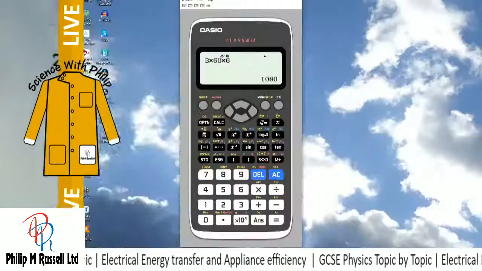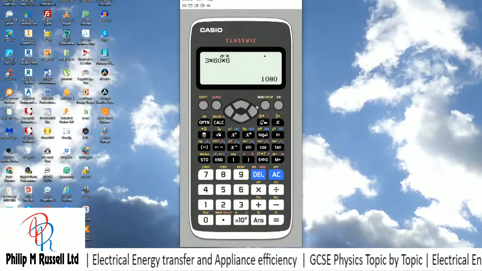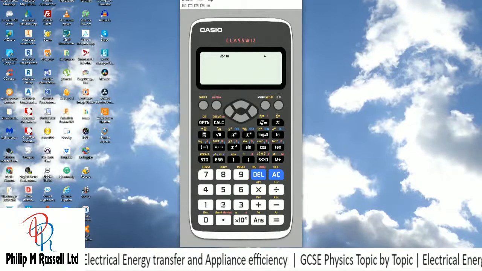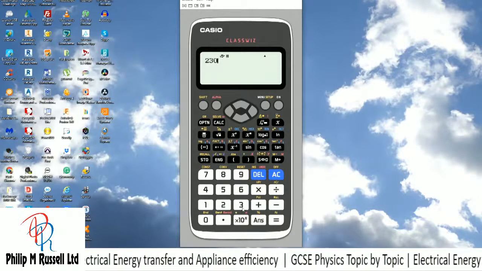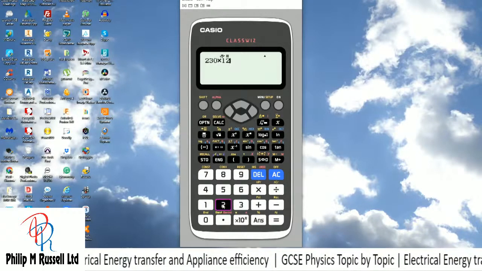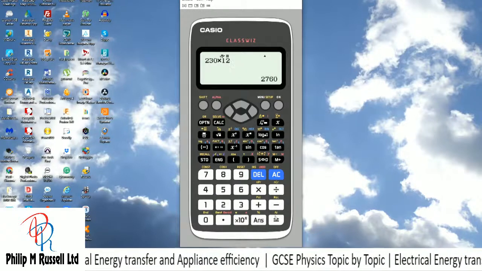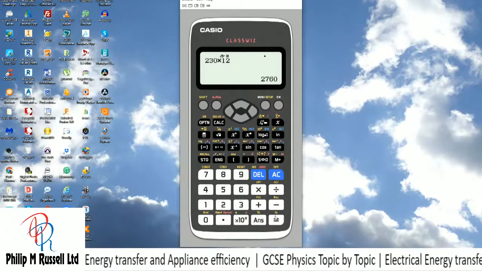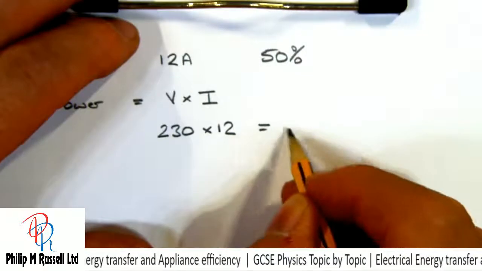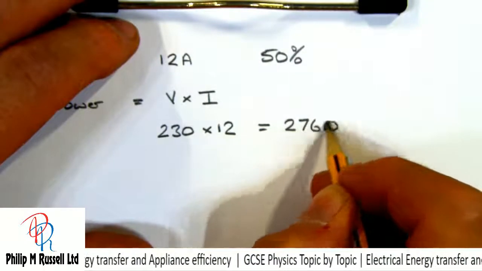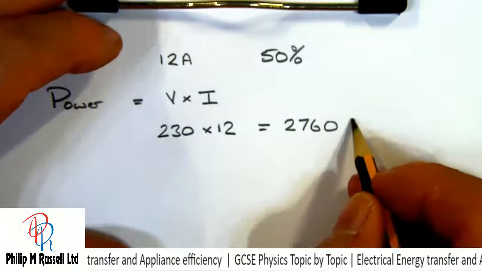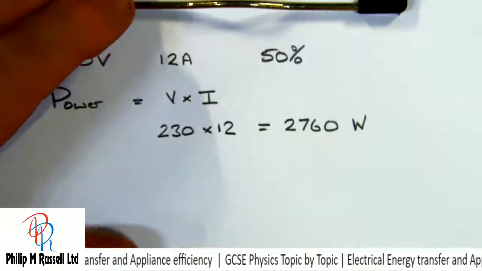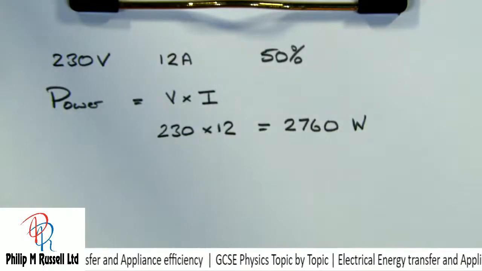Looking at my calculator, this is going to be a simple sum of 230 times 12, which is going to give me 2,760 watts, because we're measuring this power.